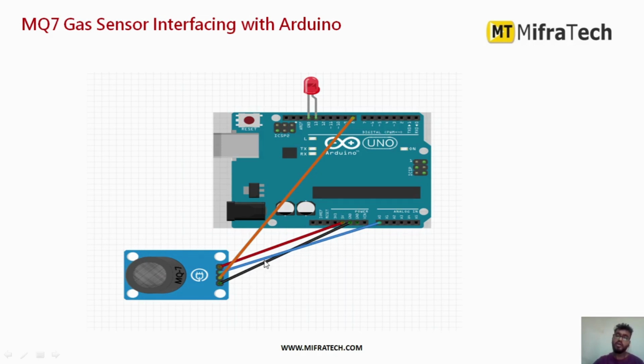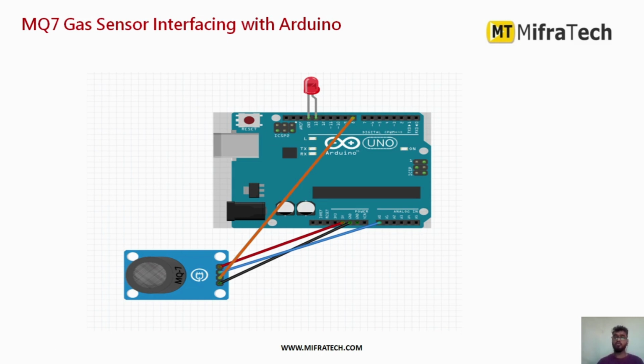Next, the analog output I am connecting to pin A0, the analog pin of the Arduino Uno, and the digital pin, D out, I connected to pin number 8. To see whether gas is detected or not, I am using an LED as an indicator, connected to pin number 13 of the Arduino Uno and grounded. So this is a simple connection to interface the MQ7 gas sensor with the Arduino Uno microcontroller.